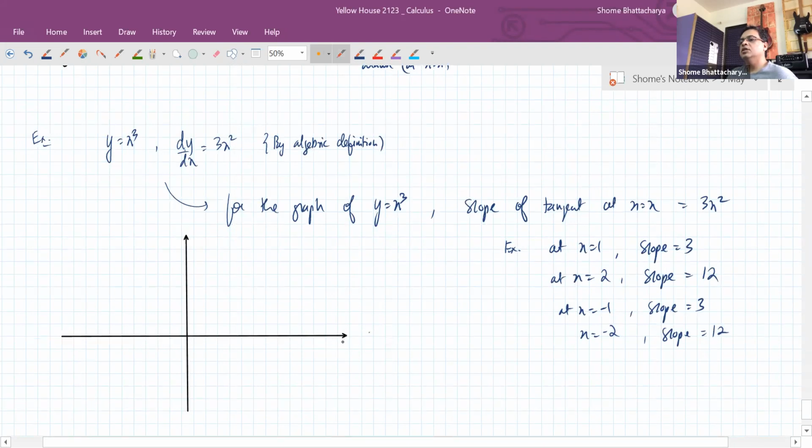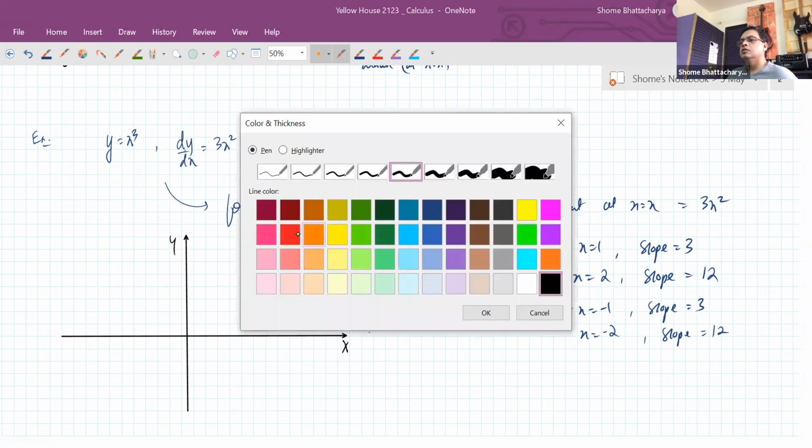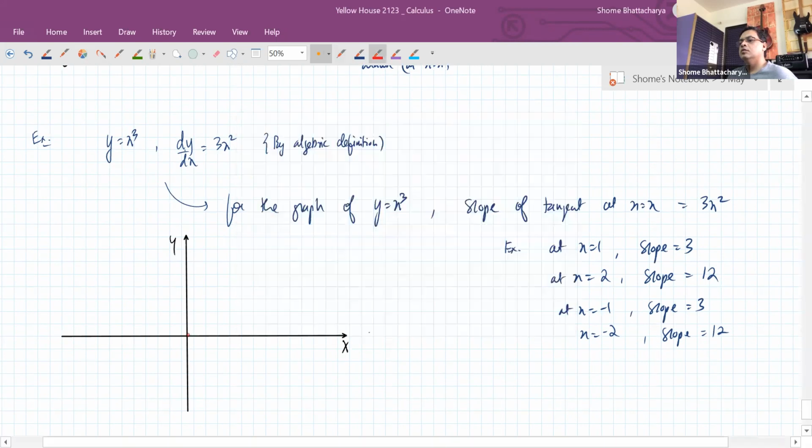So we had seen the interpretation of the y is equal to x cube graph earlier. So it was something like this, let's say. Okay. So you can see that this graph is such that at x equal to 1, if I draw a tangent, it's like this. So according to this information, this tangent should have a slope equal to 3.